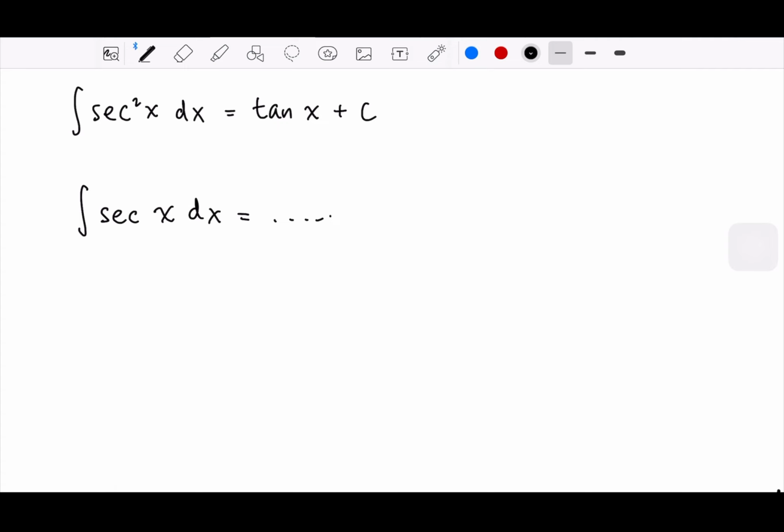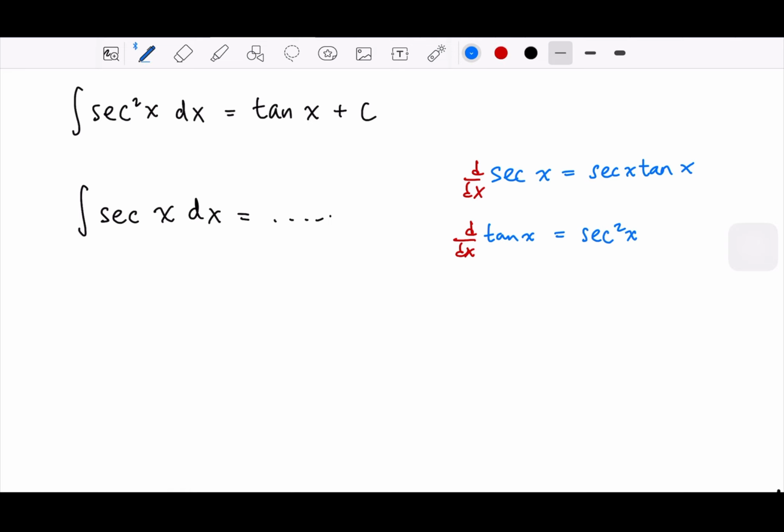So the idea is, if you remember the secant, if we derive this, it will be secant x tangent x, right? And then if we derive the tangent, this will get you the secant squared.